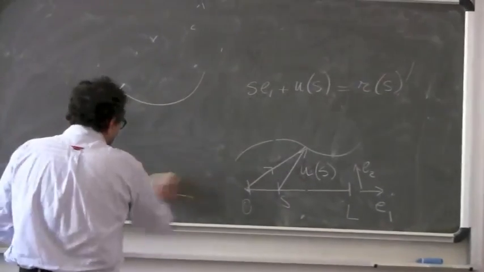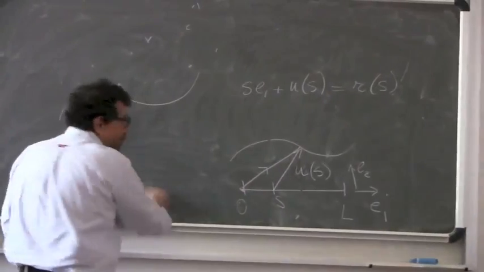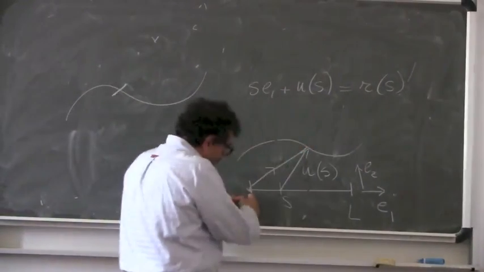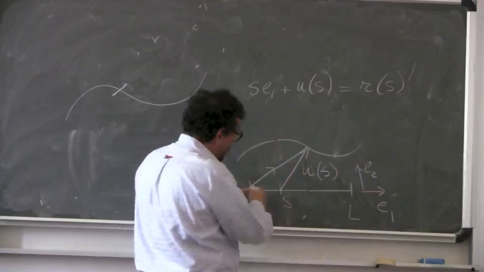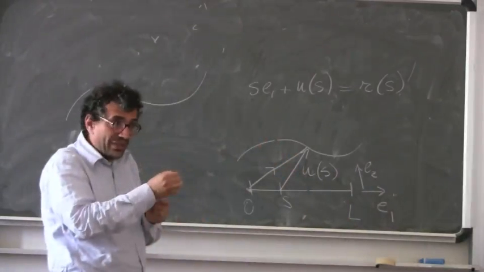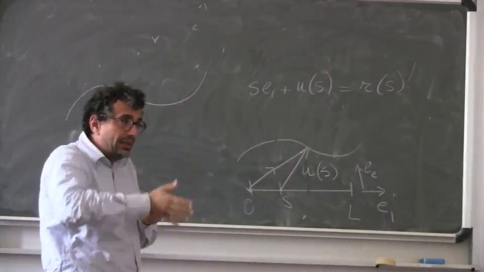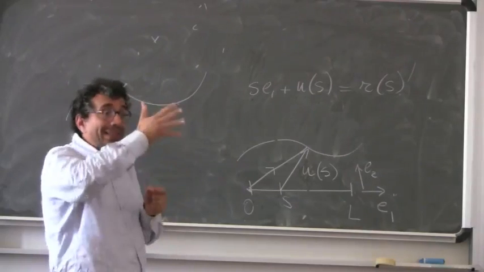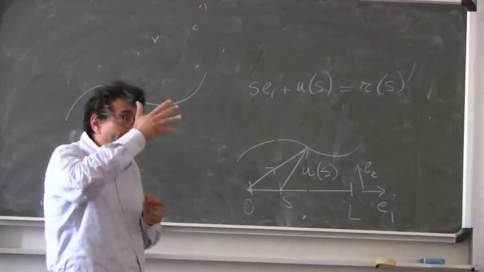Why is this model very simple and very useful? Because you have only one real variable for all material points of a given section.